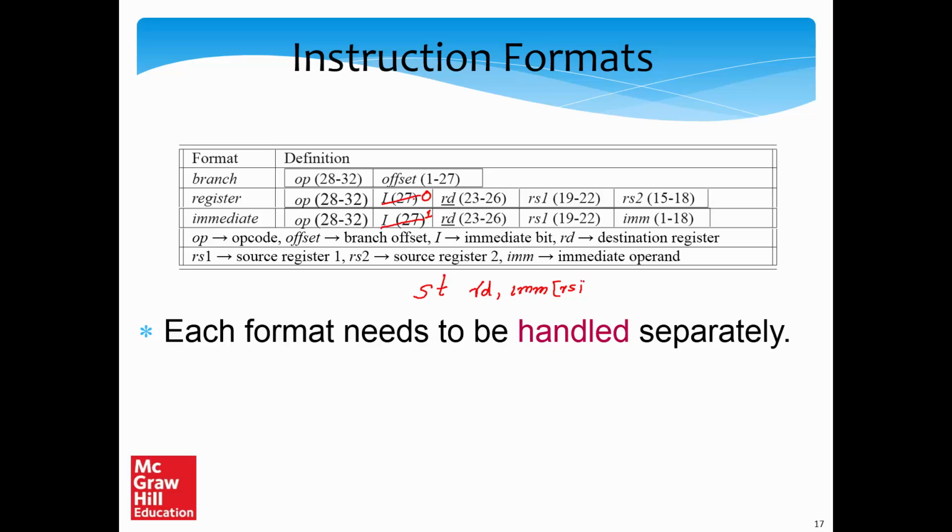So store did not have an rs2 register source 2 field, and the rd is pretty much a source. It's not a destination. So we're reading the contents of register rd and saving it in memory, right? So the store instruction has two register sources, which are rd and rs1.